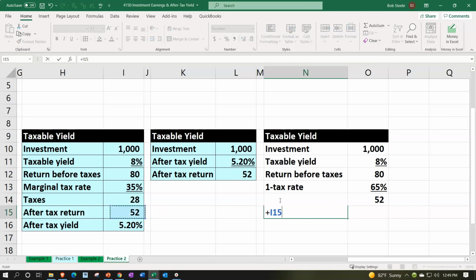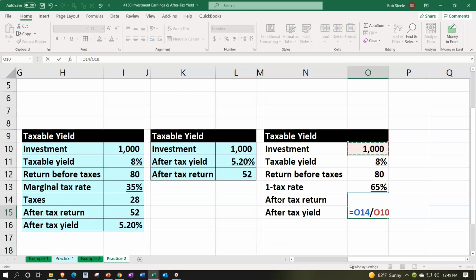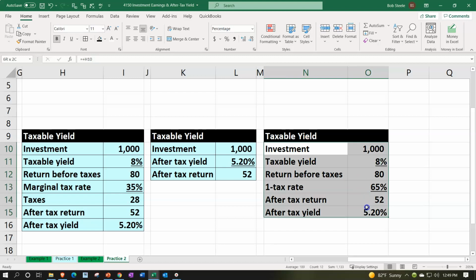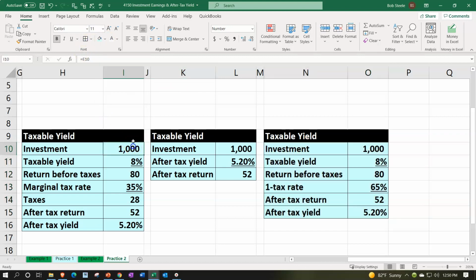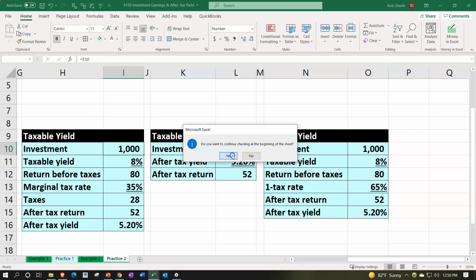And then, of course, we could calculate the after-tax yield, which would be the 52 divided by the original investment, making that a percent number group percentify. And then I'll put some fancy stuff around that. Let's do a quick spell check.